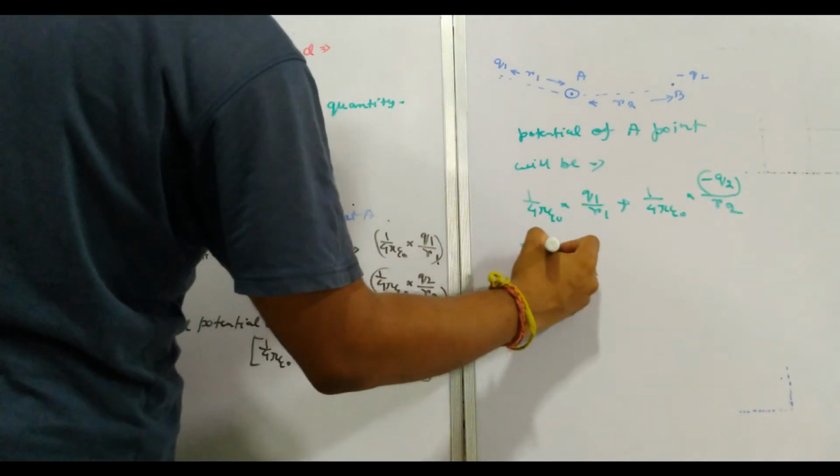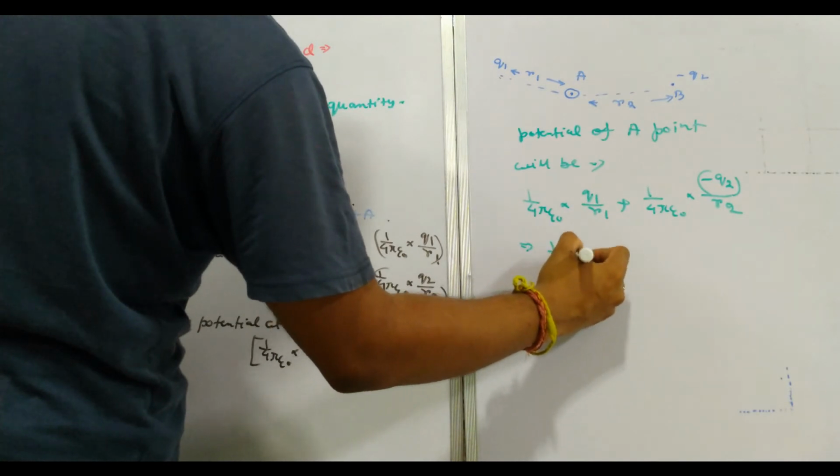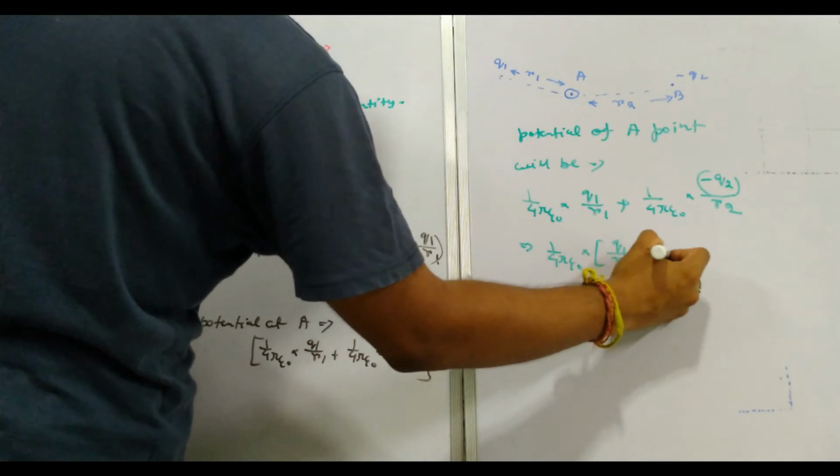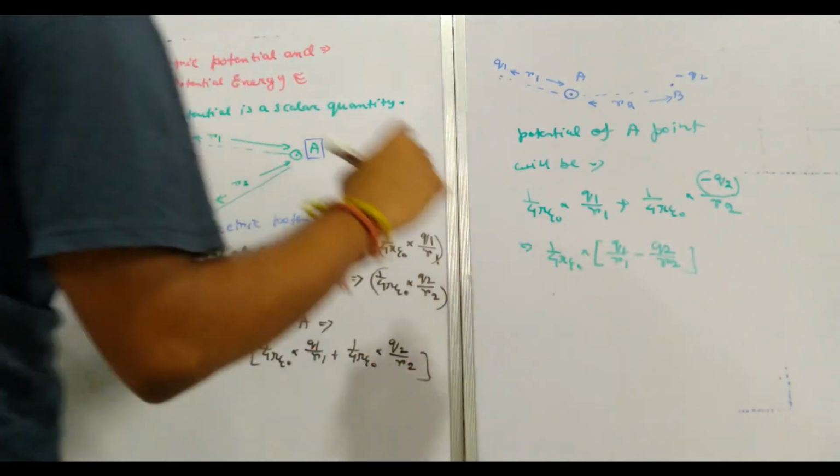So if we simplify this, this will be 1 by 4 pi epsilon naught into Q1 by R1 minus Q2 by R2, and that's all.